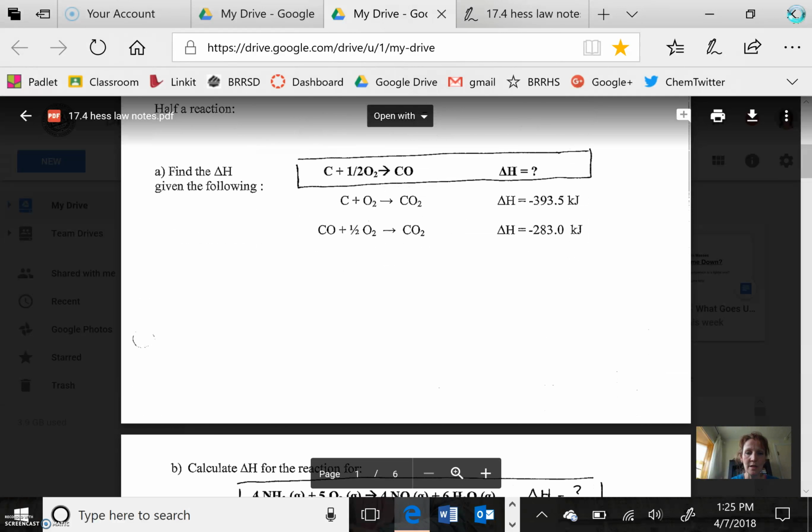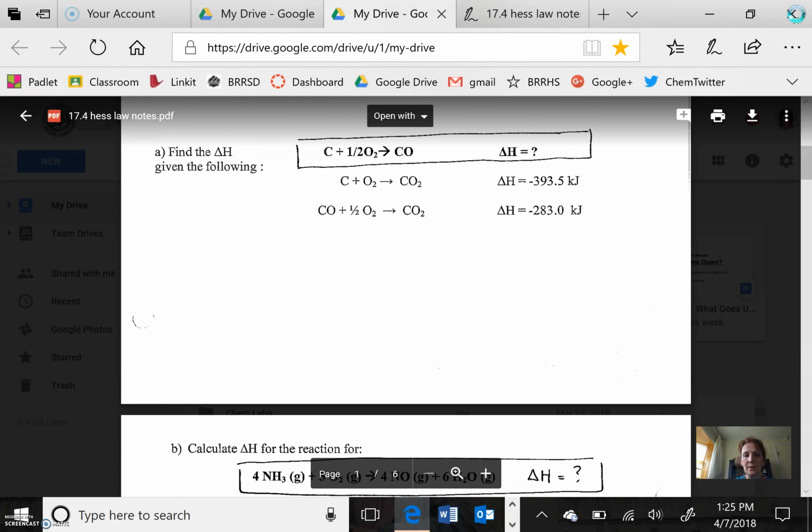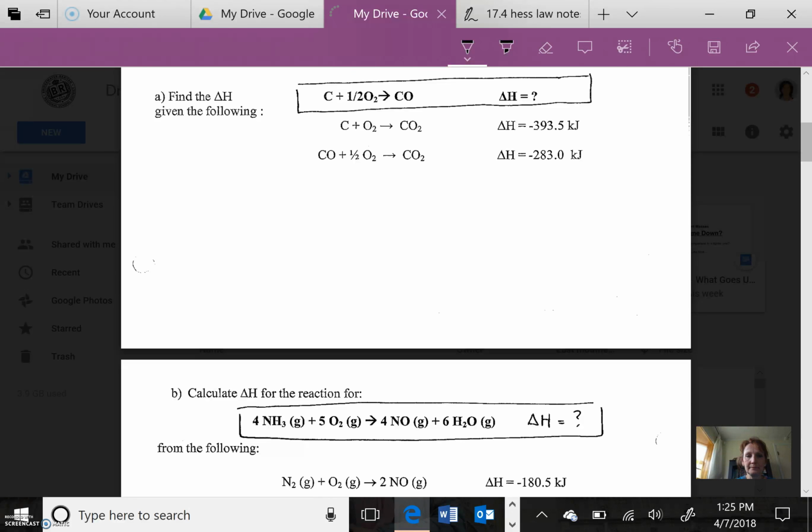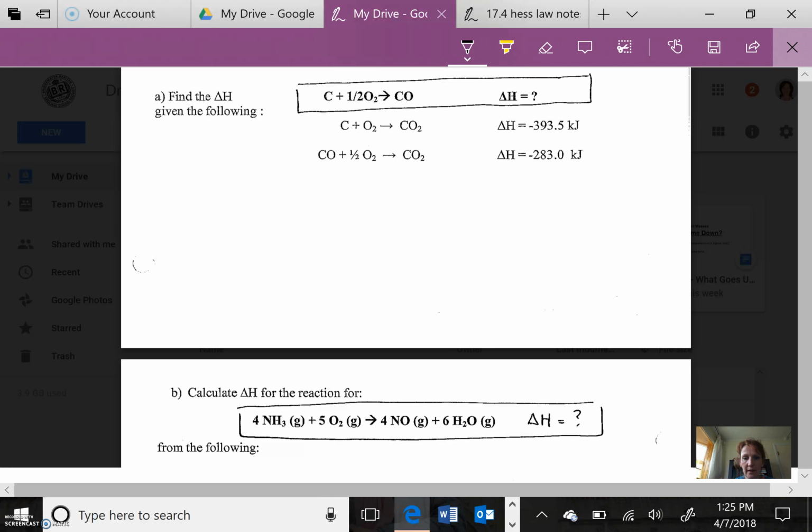All right, here's our first example on how to use Hess's law. You'll find this in your lesson notes. So this is the reaction that I'm focusing on, and I'm not going to actually do the reaction.